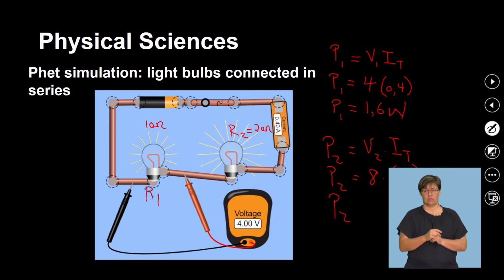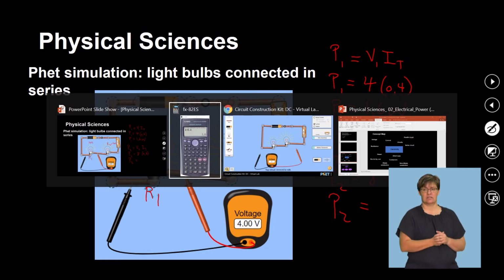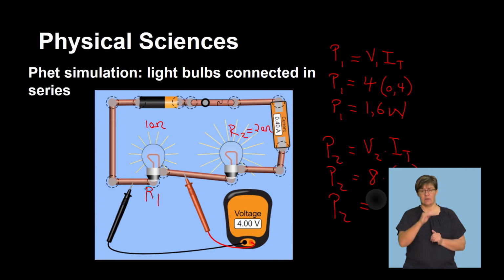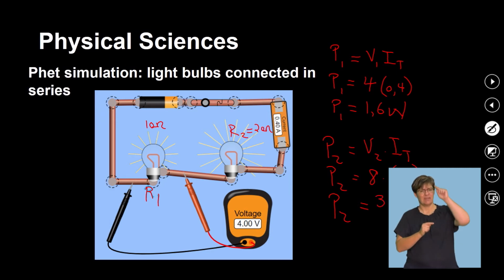So P2, the power for R2, is 8 multiplied by 0.4, which gives us 16 over 5, as a decimal 3.2. Actually, 3.2 is double 1.6 watts.